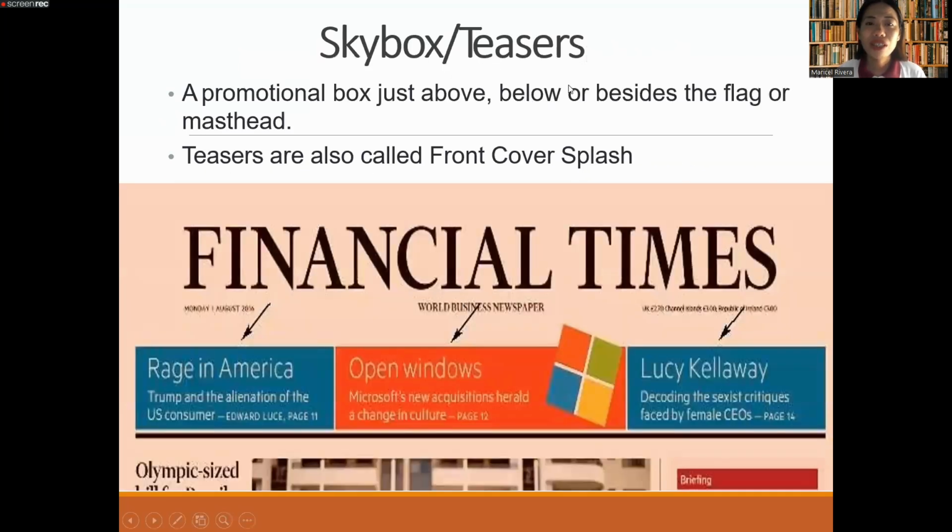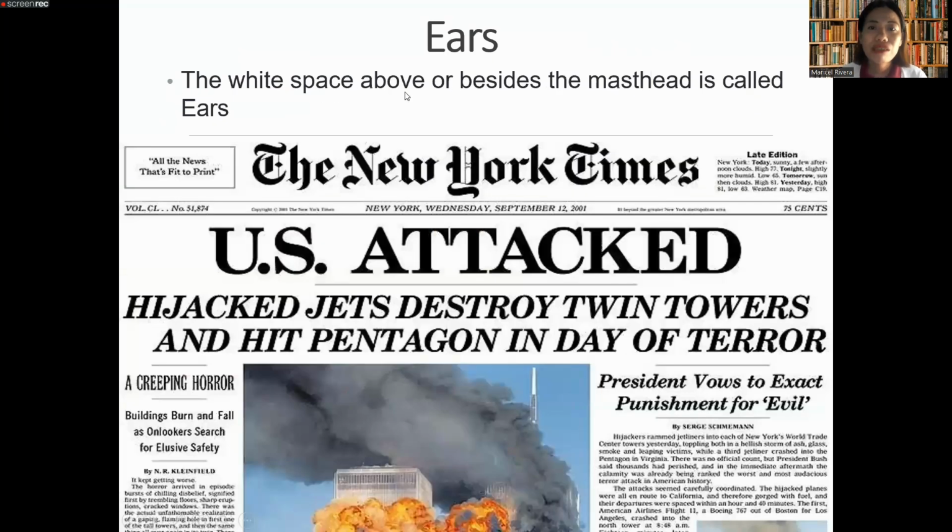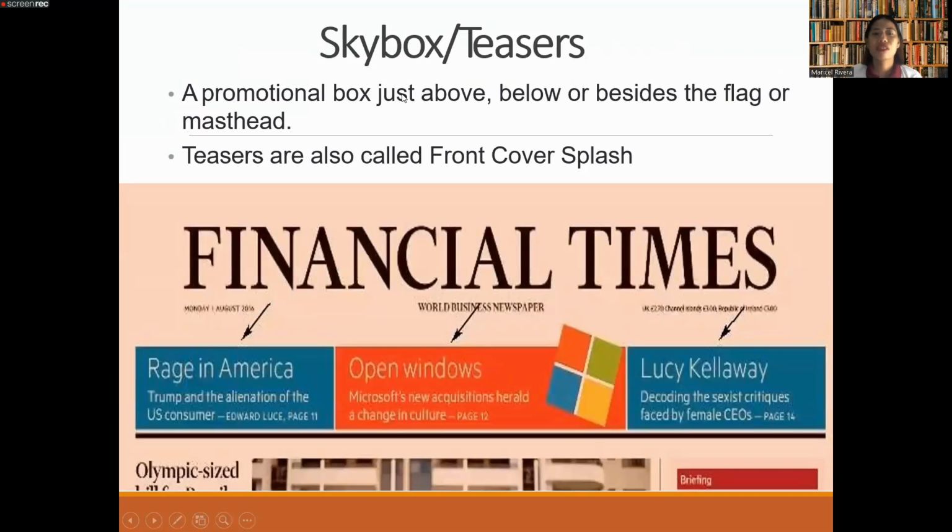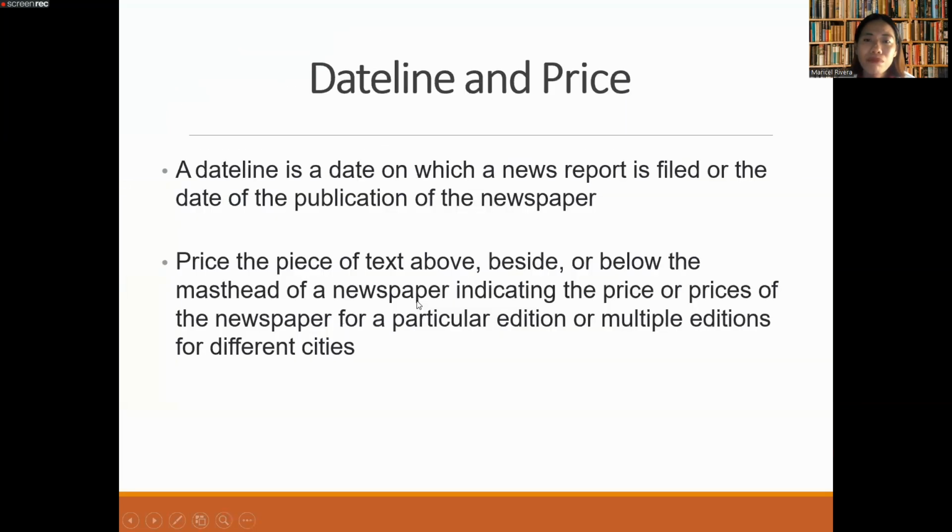Now we have another feature, the Skybox or the teasers. Always remember, class, this is actually a promotional box which can be located above, below, or beside the flag or masthead. So where is our masthead, our nameplate?